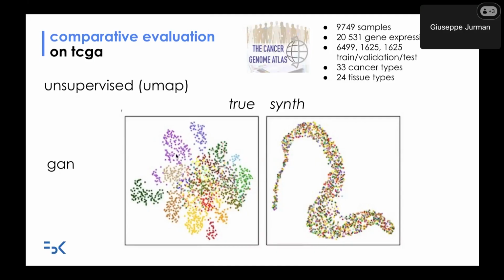If we are using just a GAN on an unsupervised problem coming from public data available on TCGA, and we start from this true distribution of data, this is what we obtain using about 10,000 samples on 20,000 gene expression levels for 33 cancer types and 24 tissue types.